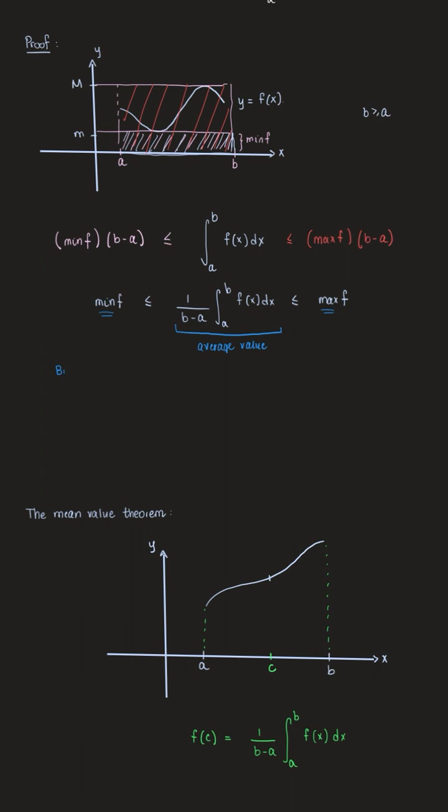So the intermediate value theorem tells us that if the function is continuous on a closed interval, the function attains all the values within that closed interval.